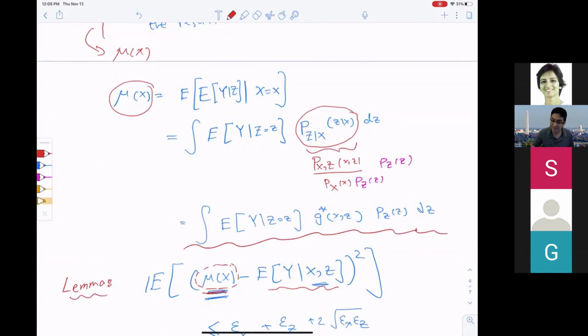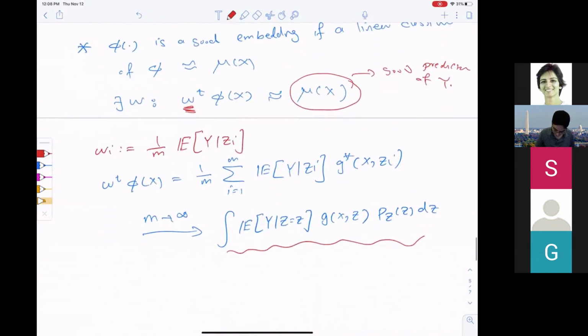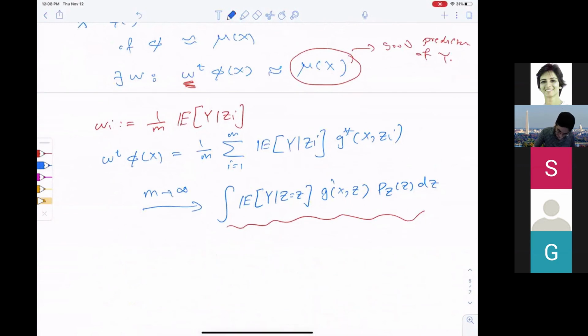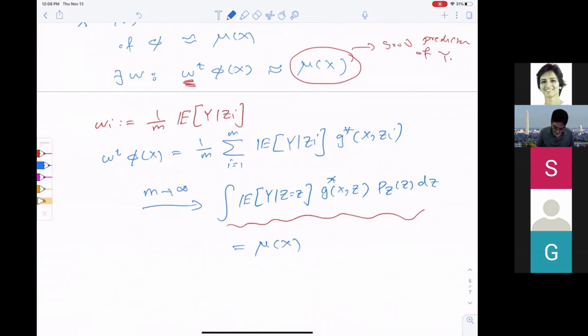That's mu, exactly. So this is exactly mu of x. In other words, if I have m large enough, then a linear function of this landmark embedding phi would converge to mu of x, which I already know is a very good predictor of my label. Therefore, the embeddings that I compute are pretty good.